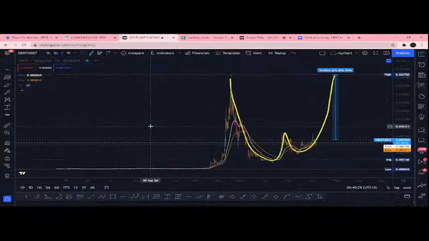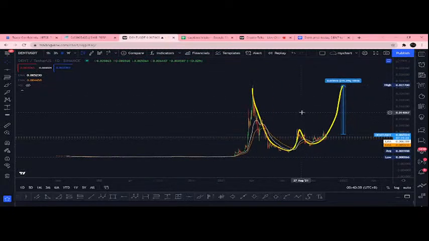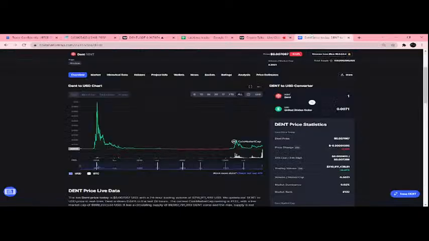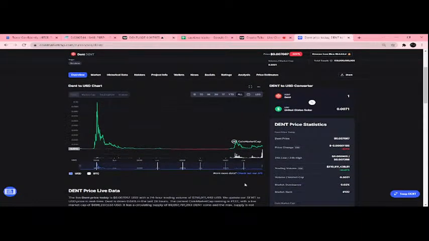Maybe there's something missing here. Oh yeah, there's something missing. So I will not use this chart, just so you know. And as you can see, the volume is actually rising. So there is actually a volume divergence here. I have a few holdings here because of that Dent futures.